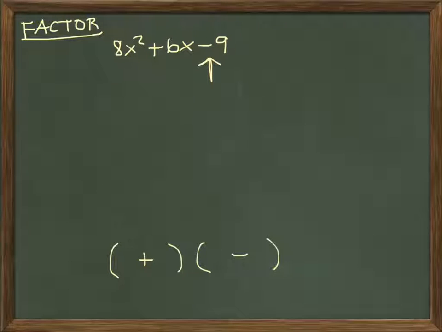The other thing that I know is that I obtained this first term, the 8x squared, by multiplying whatever will be in this box times this box, because you're going to have the x's in these boxes. So you have two options for this.